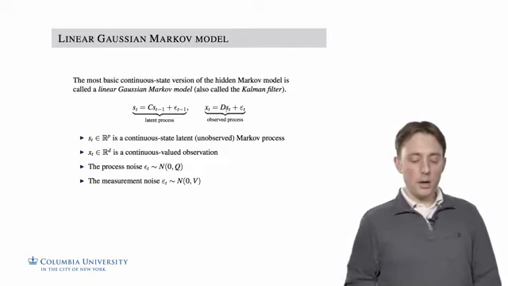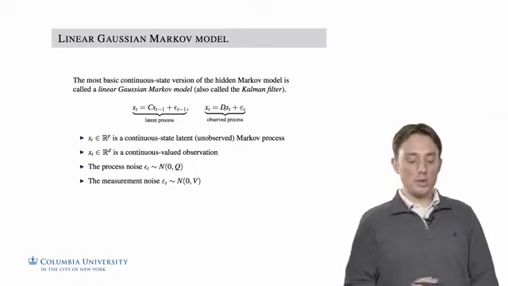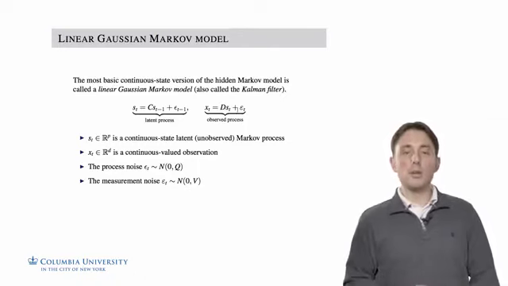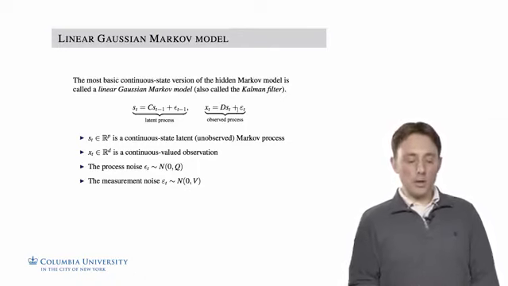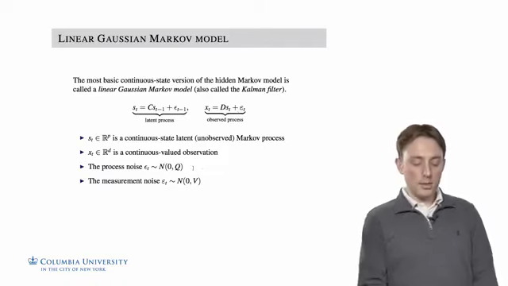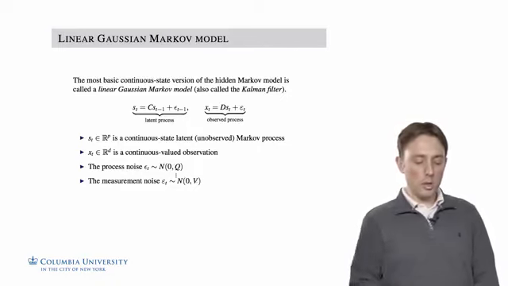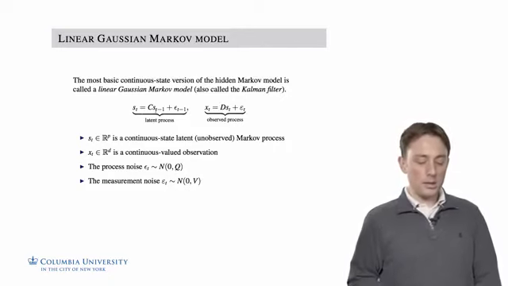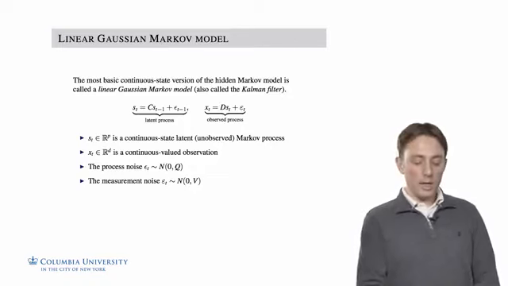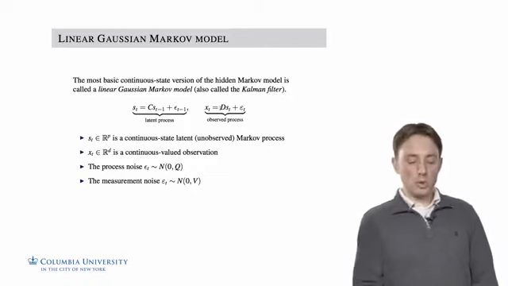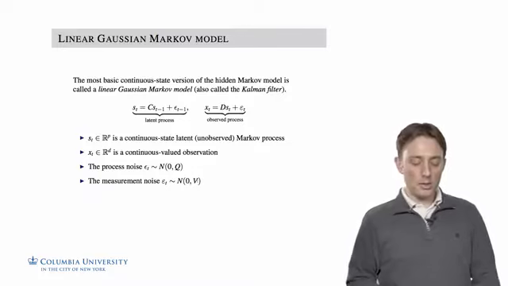So we take our unobserved state at time t, multiply it by some known matrix D, and then add some noise to that as well, where the noise process here is also a Gaussian assumed IID, but with a different covariance. So in both cases we have zero mean noise, but the process noise, which corresponds to the latent state process, has covariance Q, and the measurement noise, which corresponds to the observed process, has covariance V.